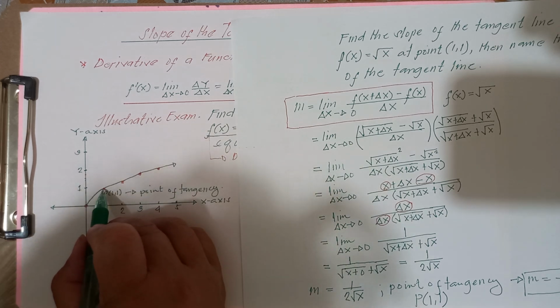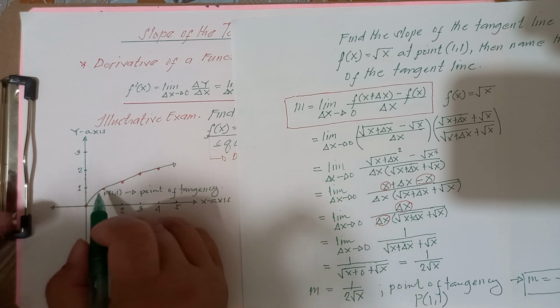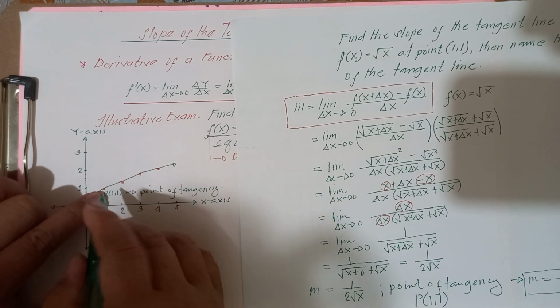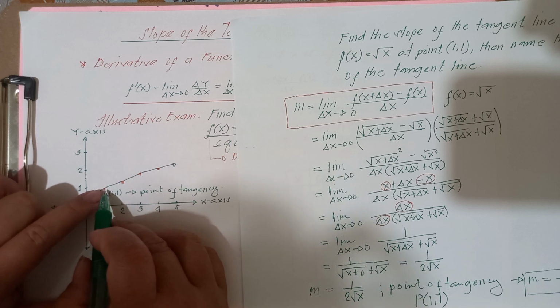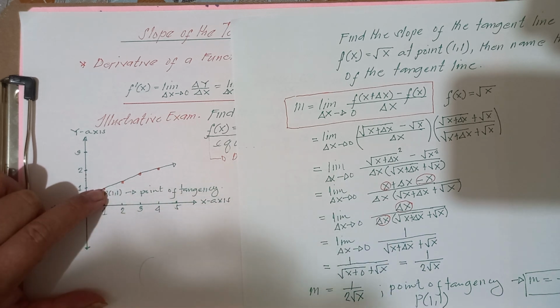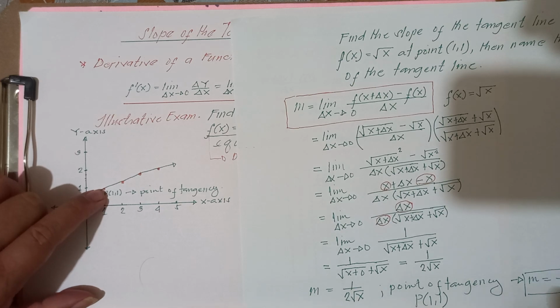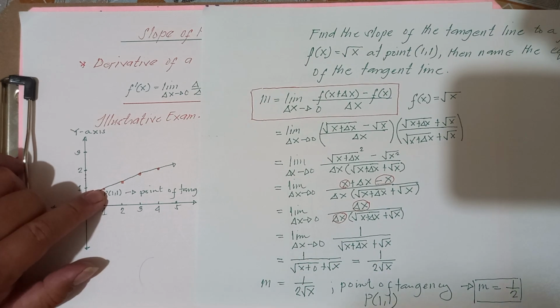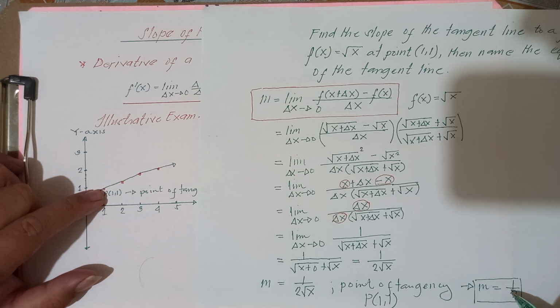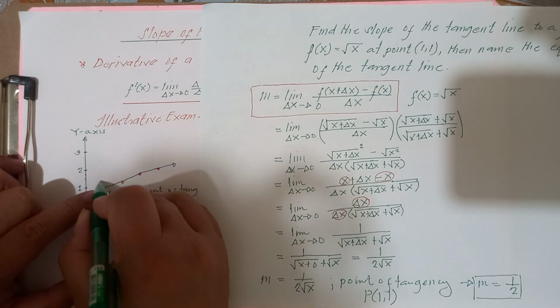So how do we create our tangent line now in here? When we are going to create our tangent line, let's consider this one to be our point of tangency. We count upward, because as we have said, our slope is the change of y over the change of x. What is our change of y? 1. So from this point, we count 1 unit.